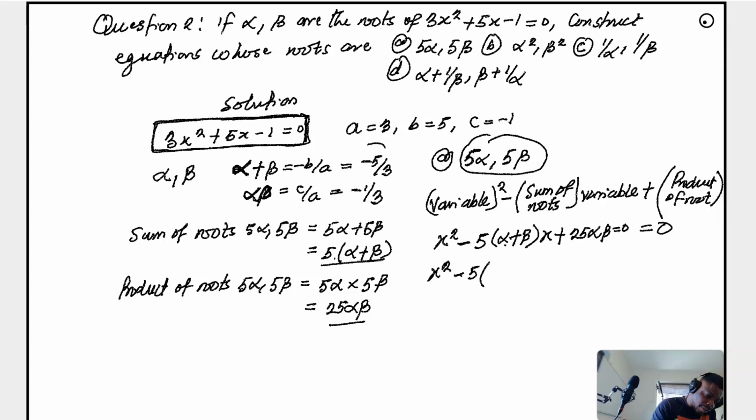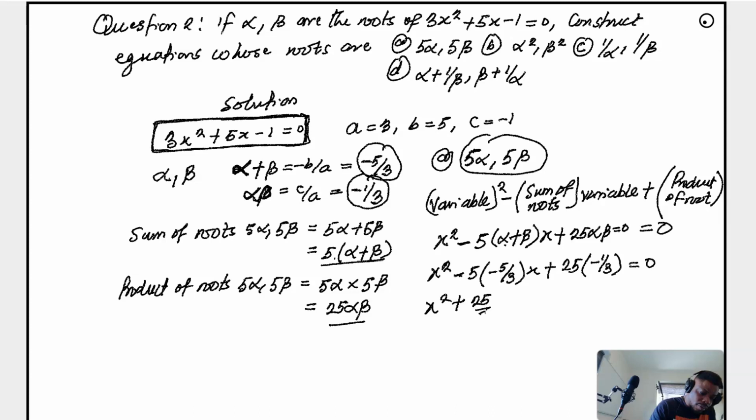Alpha plus beta, we've established that here as minus 5 over 3. That is x. This is 25 alpha beta, we've established that here as minus 1 over 3. So this is x squared. Minus times minus is plus, 25 over 3 x. Plus times minus is minus, 25 times 1 over 3, 25 over 3, is equal to 0.